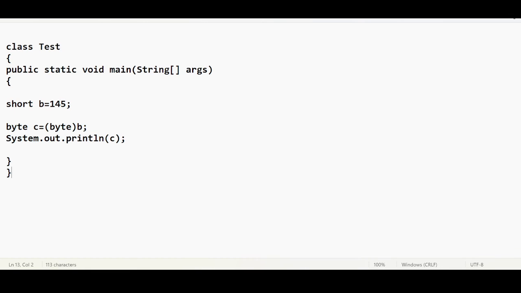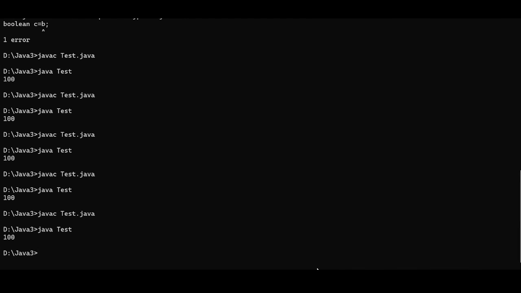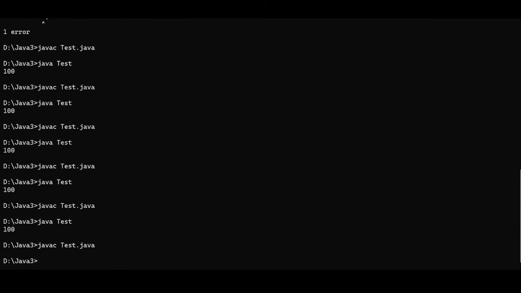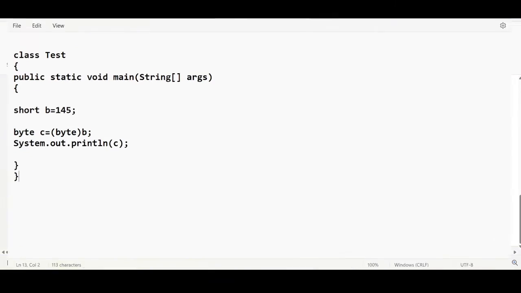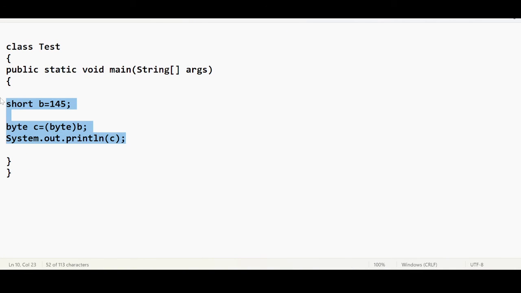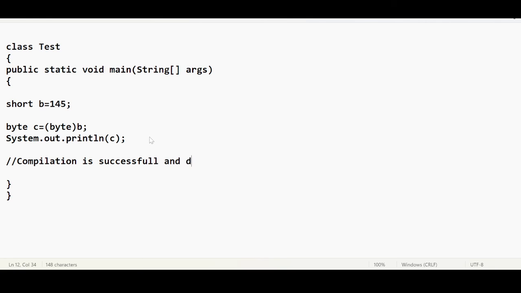Okay, let me run this. Compilation is successful. So we get a value minus 111. Forget about the value. Data loss. The value is not the expected one. Data loss. Why data loss? I will explain to you, but for now, right? Compilation is successful. We have achieved two things. Compilation is successful, and results have been displayed in the console.